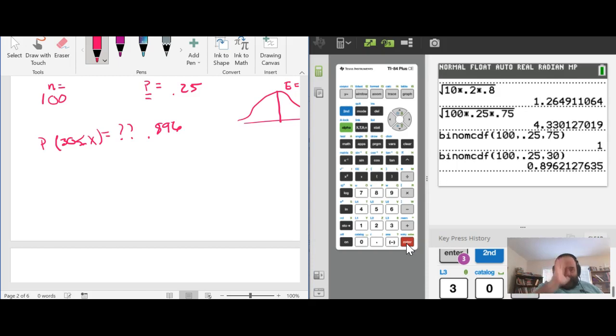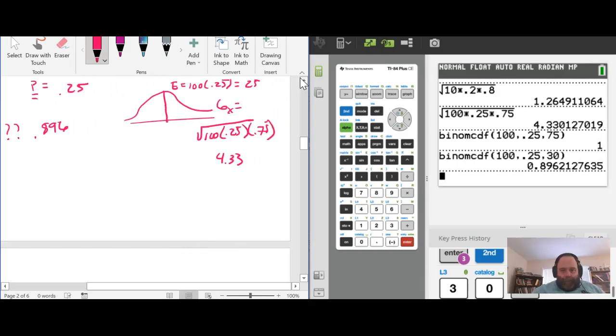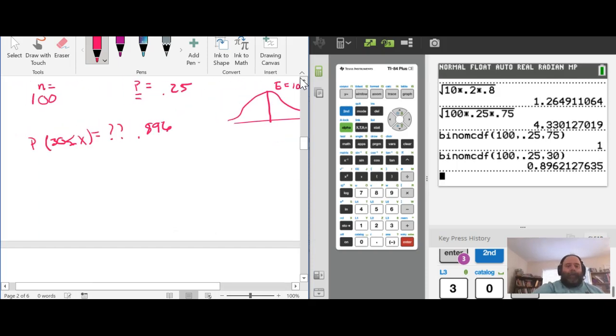If you think about this, at a 25% chance of success, the chance of us getting less than 75 is dang close to 1, and when it did it, it rounded to 1. That's what happened there. So my question now is, I said that the mean was 25 and the standard deviation was 4.33.